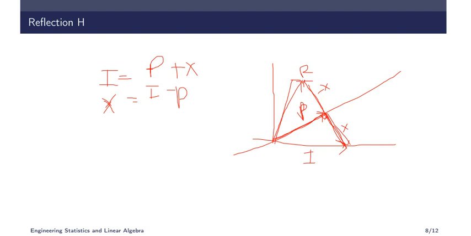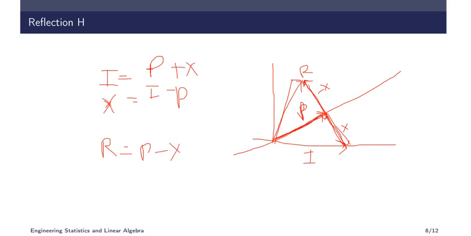From another triangle law of addition, r is equal to P minus x.